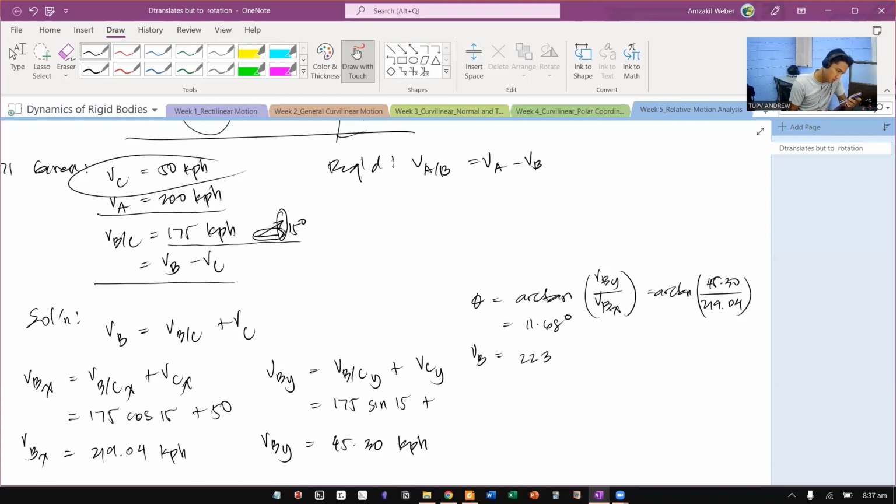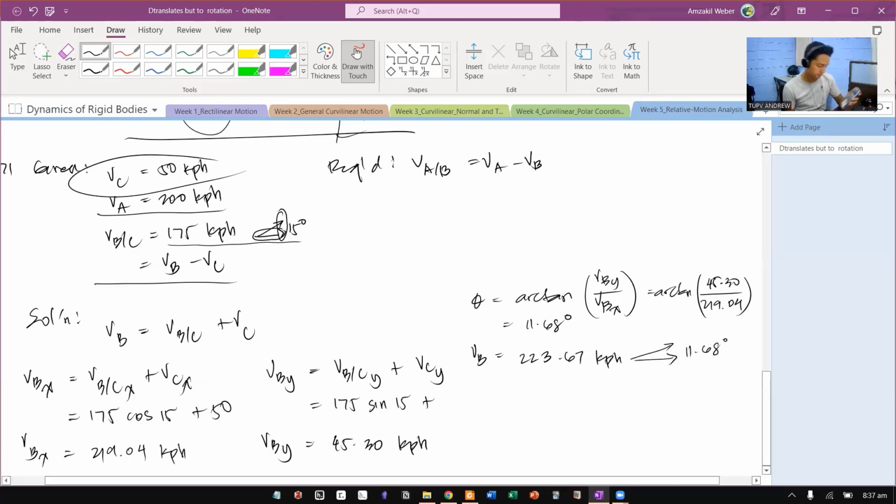So 223.67 kph, and this is positive. This is 11.68 degrees.